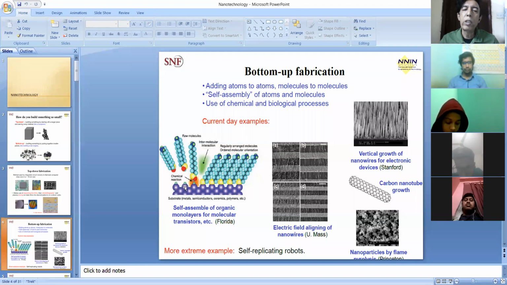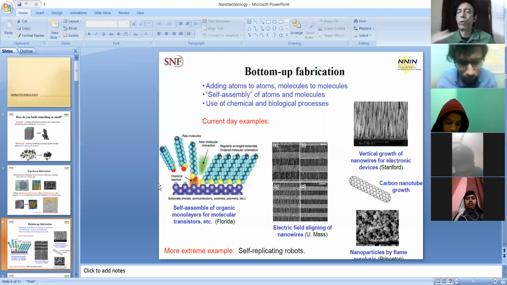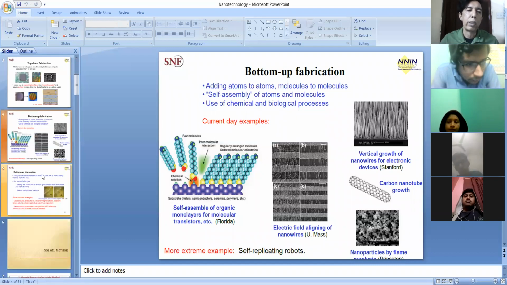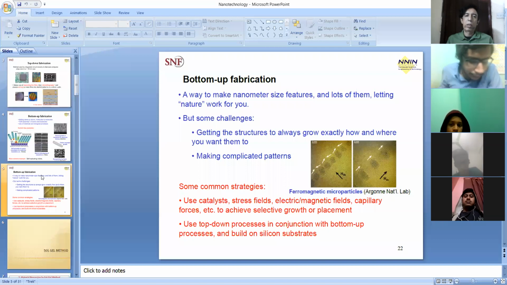By arranging one atom with another atom with another atom, and at one point we have to close the assembly. This is the main challenge of the bottom-up process. Now we will see how it is done.